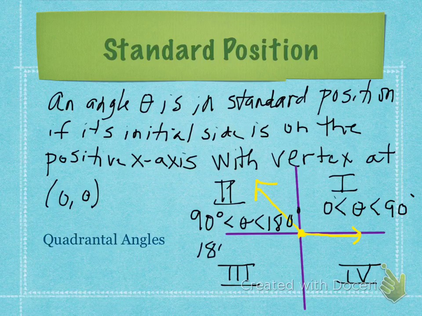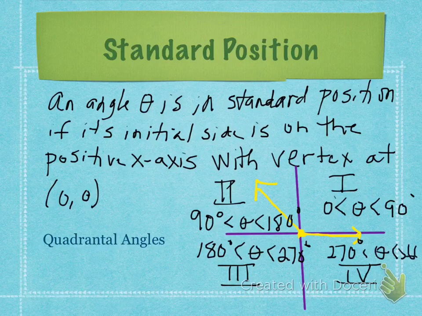It starts at 180. Where will it end in this particular quadrant? 270, yeah. So this one will end in 270, and if you were actually in here, it would be a reflex angle. And then the last one is actually from 270 to where? To 360.